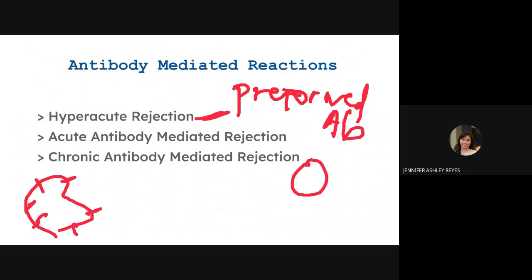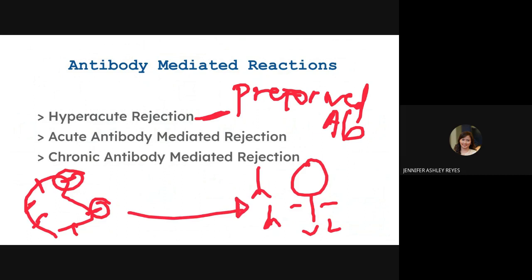Ngayon, ikaw as an individual, meron ka ng antibody against those antigens. So, even before pa ma-receive mo yung kidney, meron ka ng preformed antibody against those antigens. So, pag binigay yung kidney, uy, ready na yung antibody, okay, reject. Hyperacute rejection. So, that's instant. Instant rejection of a graft.